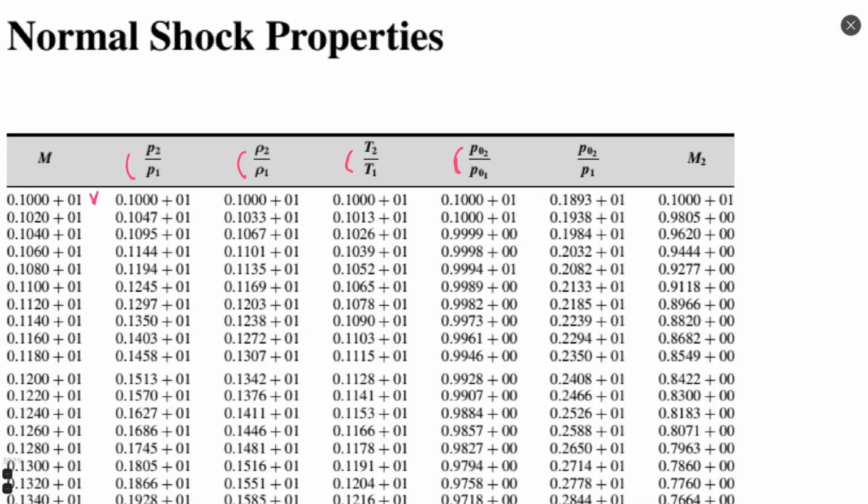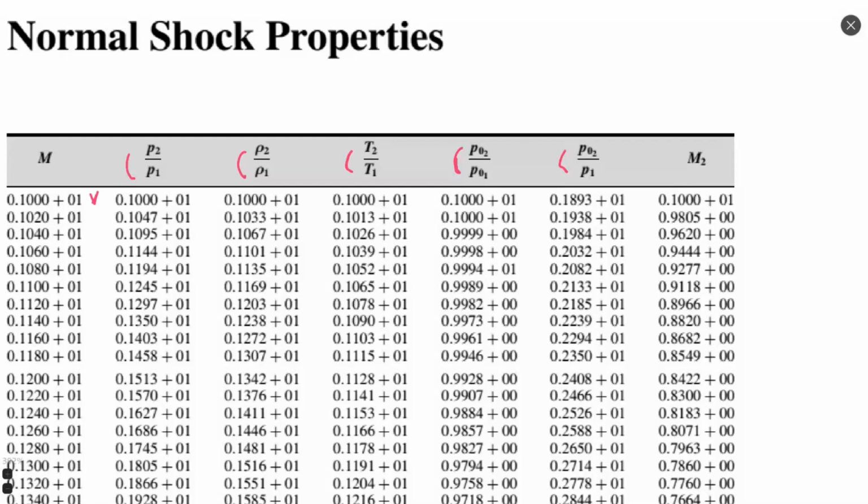It was my error. And we also have a relation between pressure 0.2 and pressure 1, a ratio between stagnation pressure after the normal shock wave and static pressure before the normal shock wave. This particular column is useful when we are trying to calculate flow velocity with use of a pitot tube.